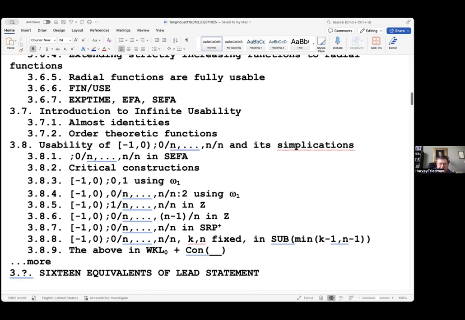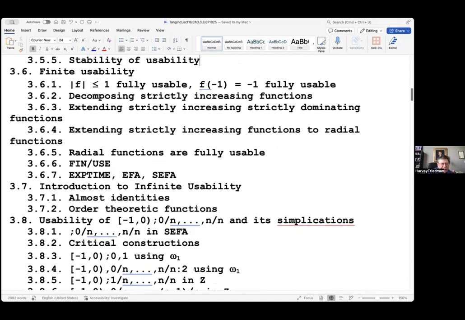The finite usability is now on the downloadable page. That's section 3.6. That's a hefty section. That's quite elaborate. And I had to do some serious reworking to make that clearer. But we understand exactly what finite functions can be fully used.